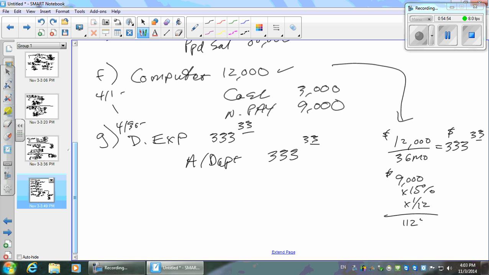Okay. That's it. So what do I have? Time went by. It's a cost of having the equipment. So what's that? Just like the depreciation expense, except this is the interest, huh? Interest expense, cost incurred, used up. Credit what? They didn't pay them. Interest payable.